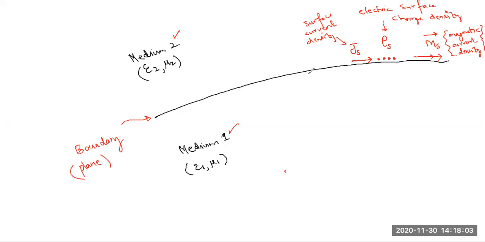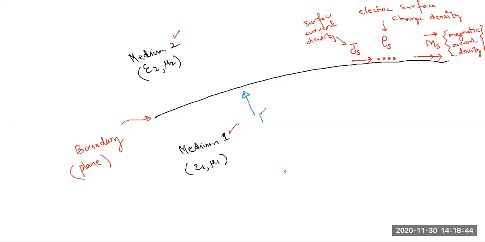So what I have done is I have considered a general situation that at the boundary between two media, there is a possibility that we will have charges, we will have electric current, and we can have magnetic current. Now with this, what are the four quantities that I want to relate using boundary conditions? One of the quantities is that on this side of the boundary, there can be an electric flux density.